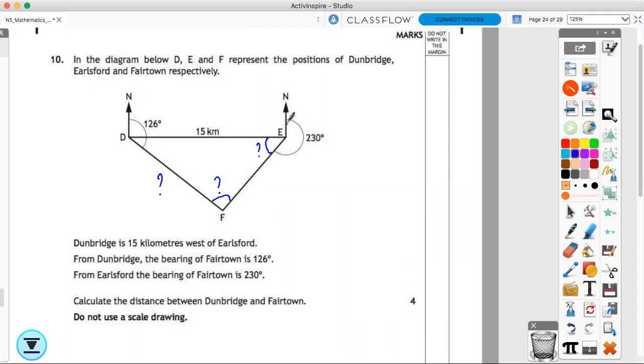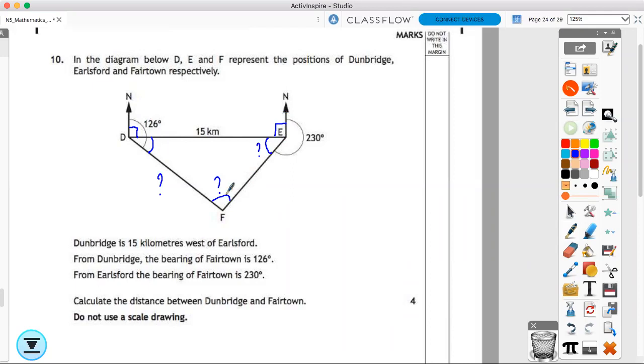So that would be 230 plus 90, and you take that away from your 360. And you do the same for this one. You find that angle, you find that angle, then that gives you that angle.